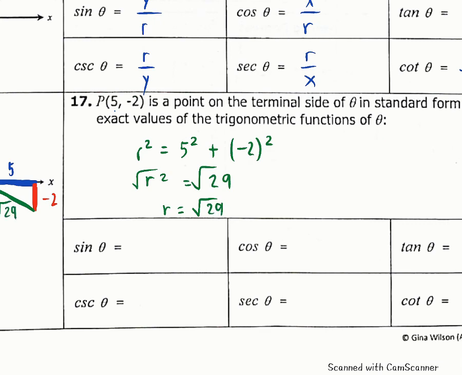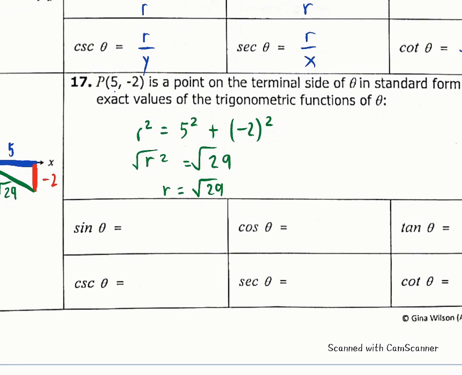Now, let's answer sine, cosine, tangent. Ready? Sine. Sine is always y over r. What's y, guys? Negative 2 over square root of 29. So cosecant, what do I do? Somebody say flip it. Flip it. Very good. Cosine, what do I do? Adjacent, which is x over r.